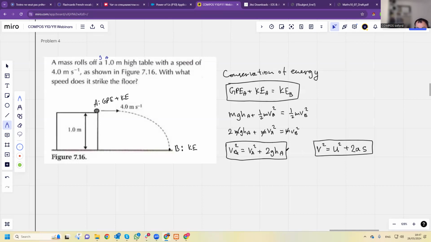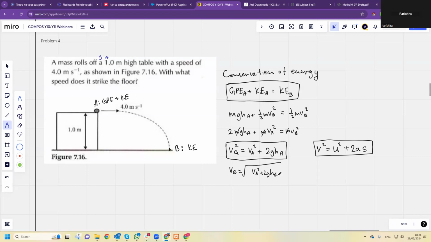They look awfully familiar, but you got them from two completely different methods. One is conservation of energy, and one is just constant acceleration. And it's not a coincidence because you will have the exact same answer, of course. We did say that you could use Suvat and projectile motion, and you would get the same answer.